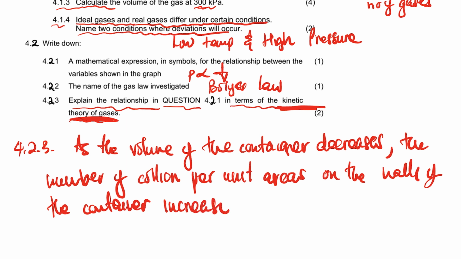So guys, this wording, the number of collisions, is supposed to be collisions per unit area.